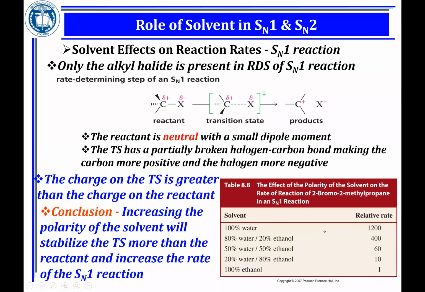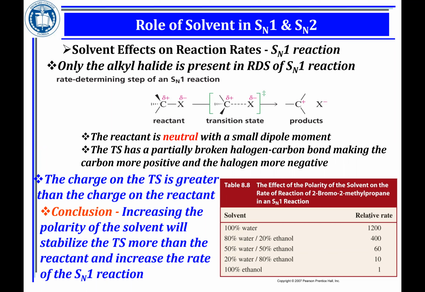Okay, the experimental value: I designed an experiment based on this, experiment 10. I don't know if you're taking your organic 1 lab at Central or not. Experiment 10 is basically studying the effect of solvent and temperature on SN1 reaction and SN2 type reaction, the different factors that are going to affect them. If you increase the polarity of the solvent in that experiment, the rate of the reaction is going to increase.